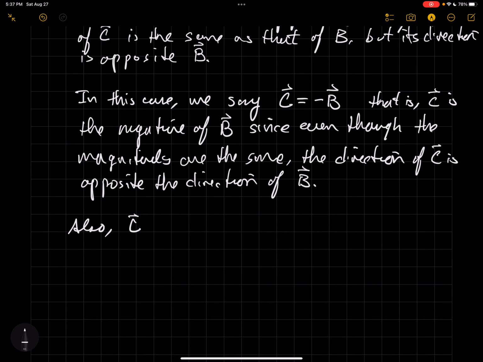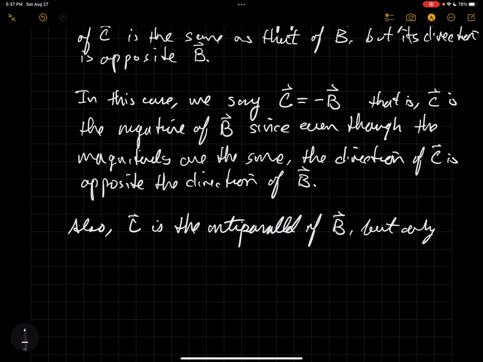So vector C is the anti-parallel of vector B, but only because its direction is opposite.